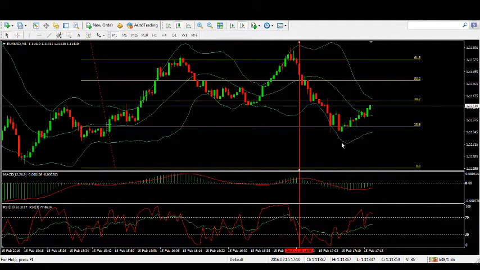Also we have seen from here rejected from 23,6, but we have one important stuff from here. Will the price be rejected from here?